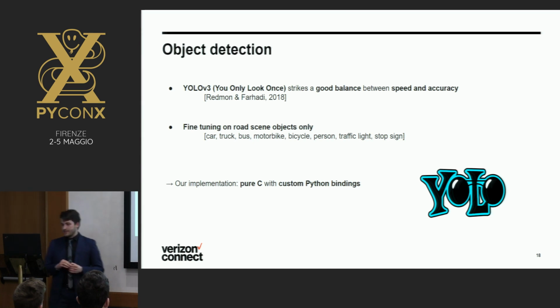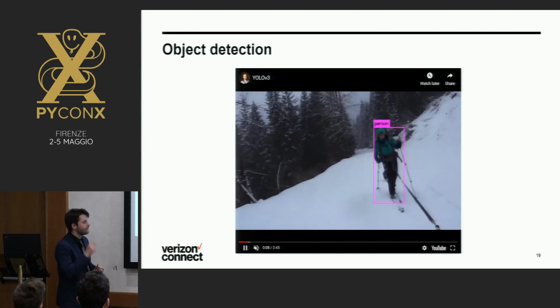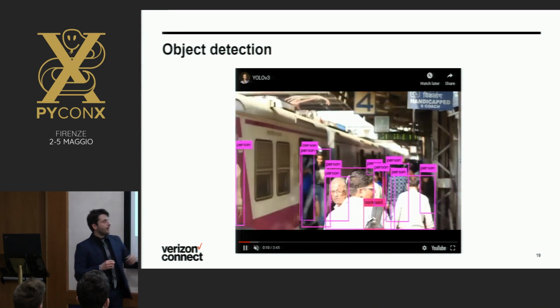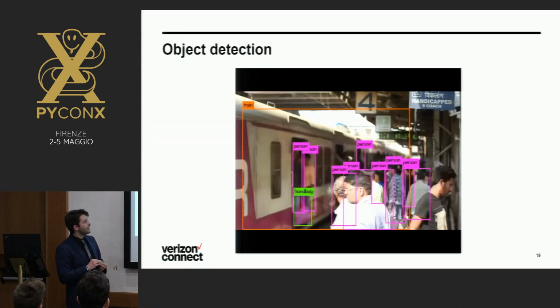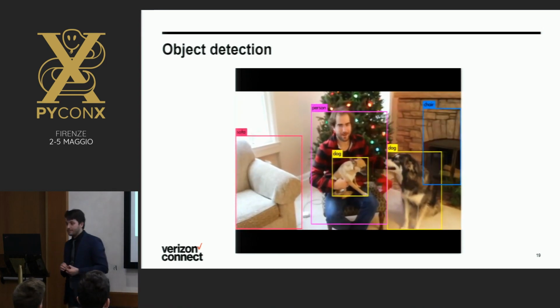We chose to use... okay, let me go to the next slide because I'm going to talk with a background video. Okay. This is a YOLO application in real time. YOLO is one of the algorithms that performs object detection.